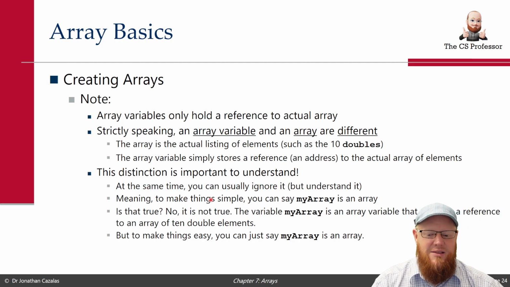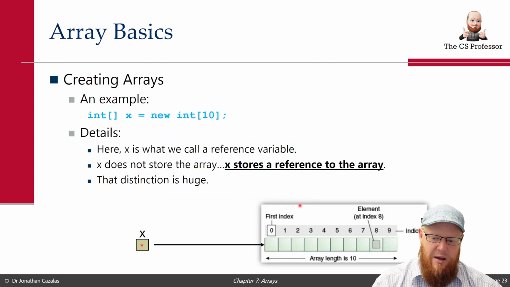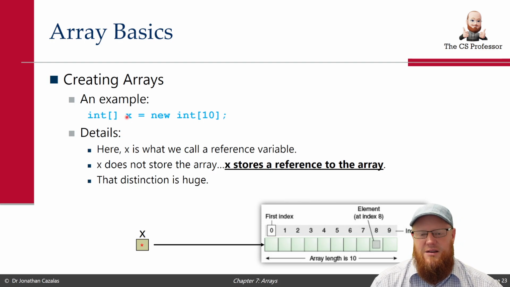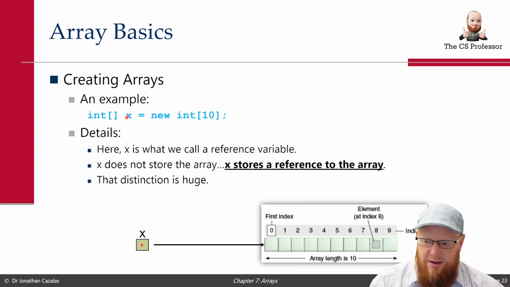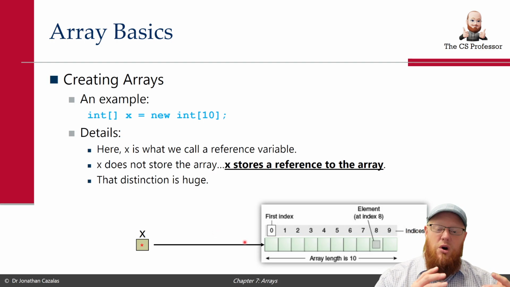To make things simple, when I look at this example, I'm going to say that my array is just an array, or x is an array. We can just say that to make the conversation easy, as long as we know in our heart of hearts that x is not really an array. In our heart of hearts, we know that x is a reference or an address that points to an array which is stored on the heap.